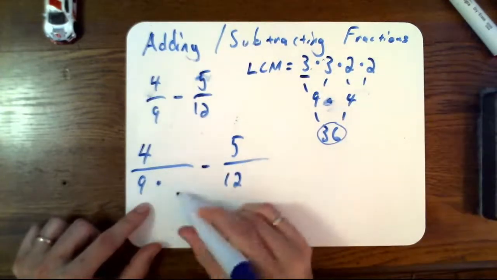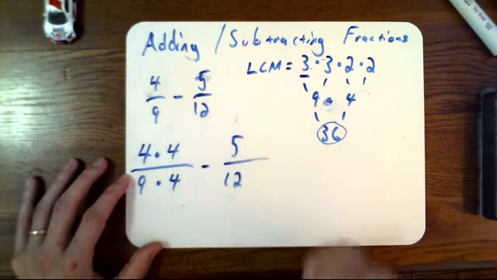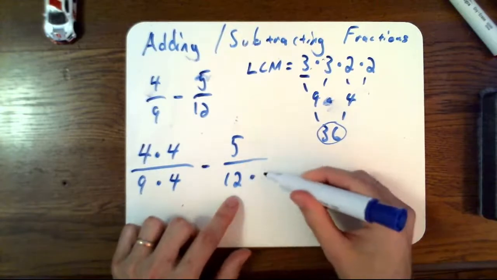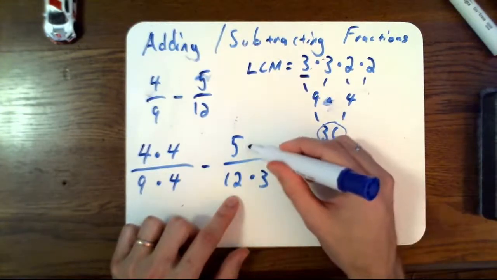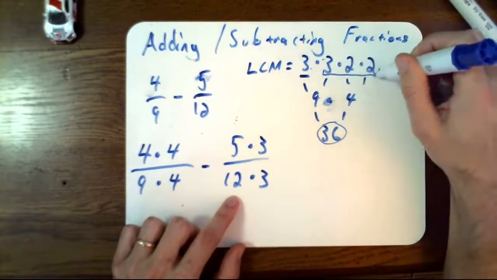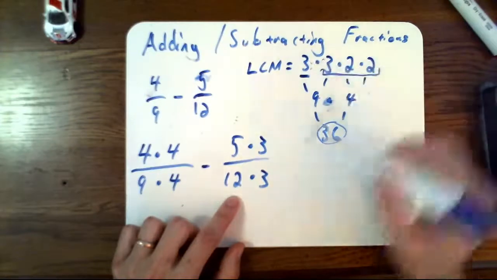So how do I make this into a 36? Multiply by 4, which means I have to multiply the top by 4 also. How do I make this into a 36? Multiply by 3, multiply by 3. And if you notice, this part here is 12. 3 times 2 times 2 is 12. So I'm just missing that extra 3.